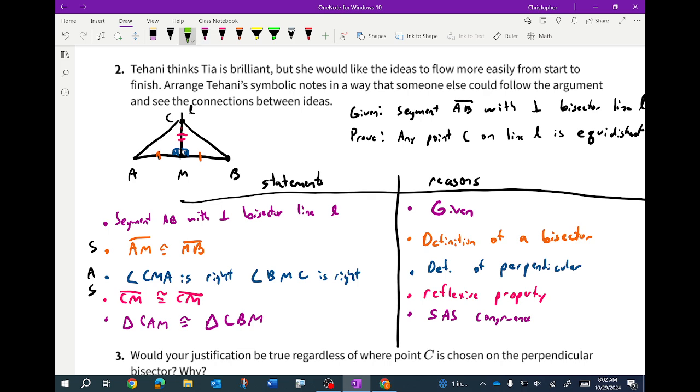All right, and lastly, since we know the two triangles are congruent, we can say that CA is congruent to CB by CPCTC. Corresponding parts of congruent triangles are congruent.